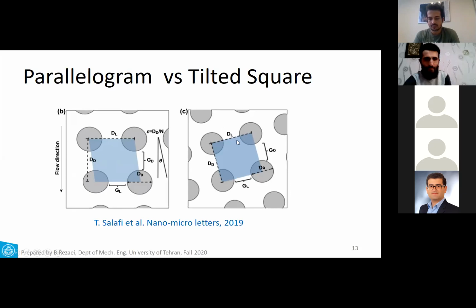And there is another design which is called tilted square. As you can see, they're not normal to each other. I mean, the flow direction relative to the center to center line. The left one is more common, maybe because it is simpler to design, but the right one has its applications. Both of them are used, but in most of the articles I've read, the left one is used.